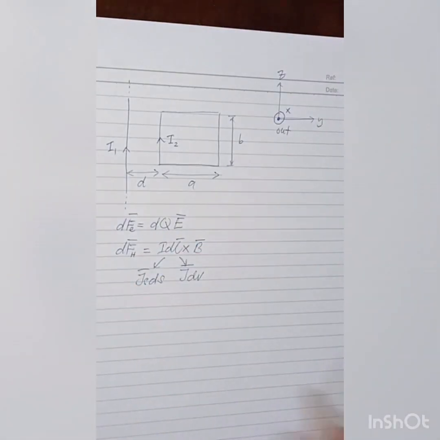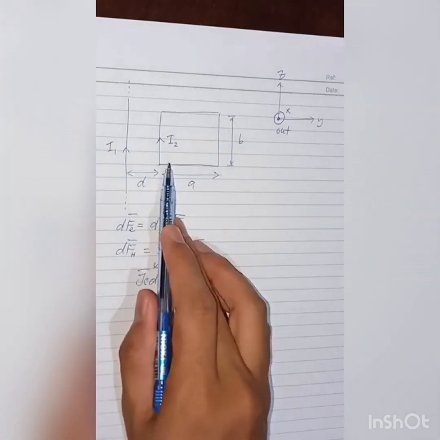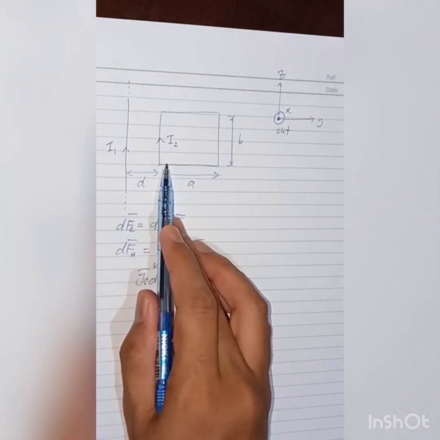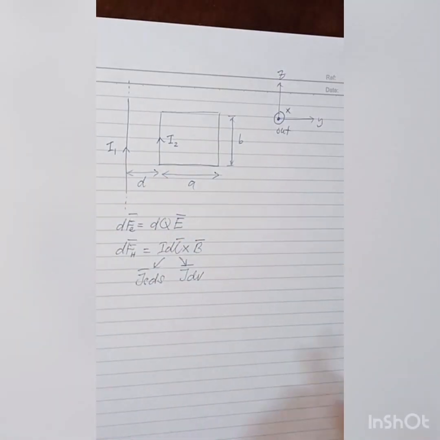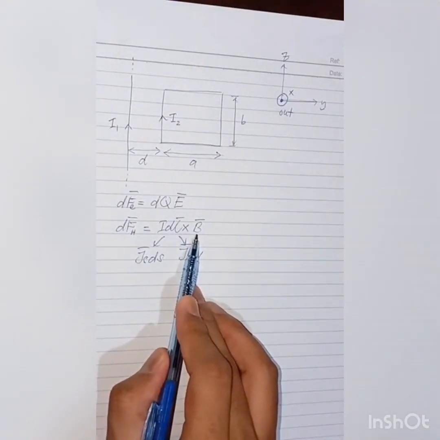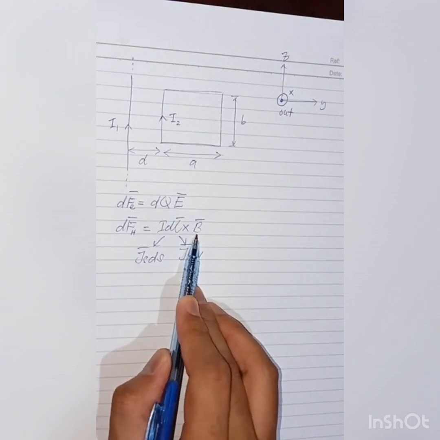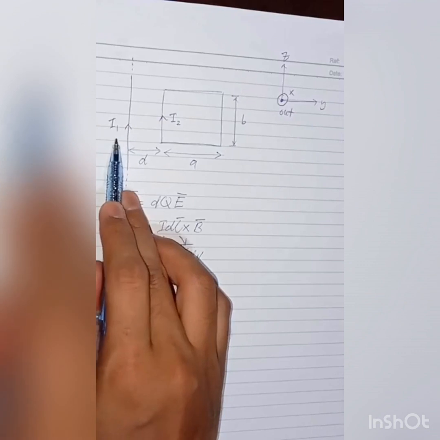So now we are going to use this equation of force to find the force exerted on this rectangular loop due to this line current I1. We know that from this equation, this B is the source field that comes from the other party. It means that this B will come from this infinitely long line current.